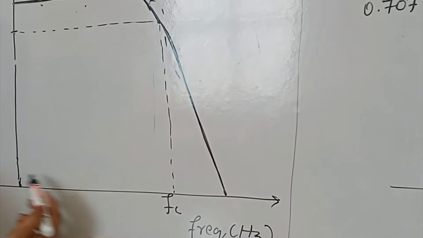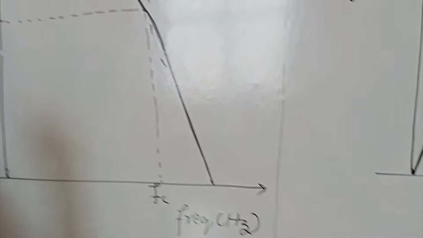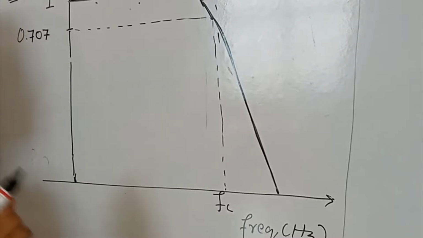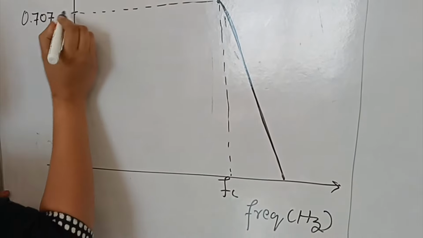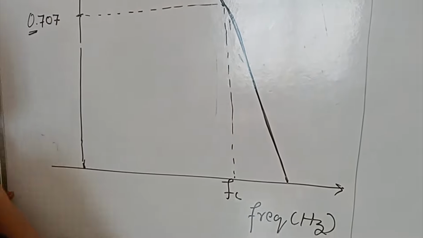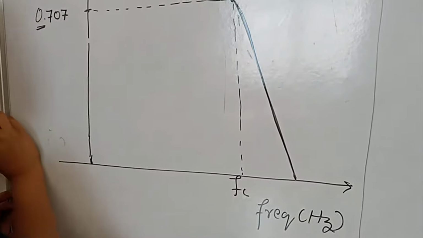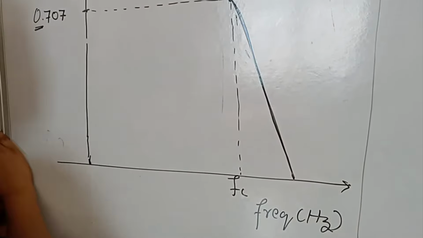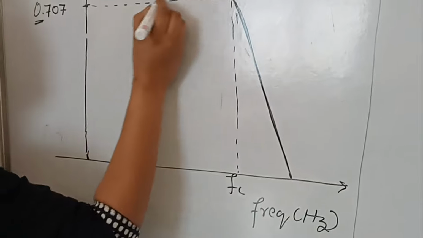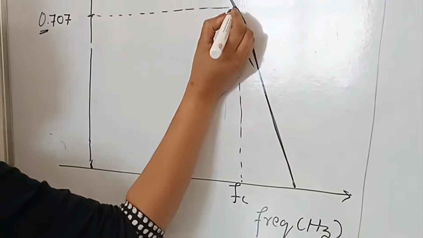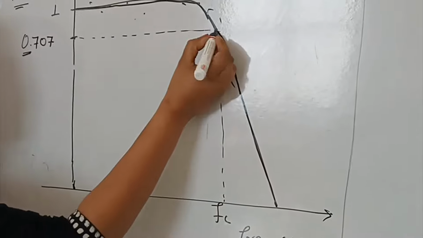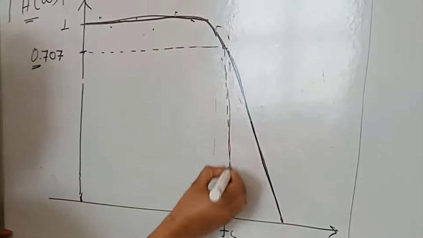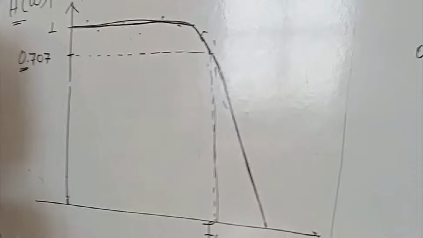You will get a graph like this, and to get the experimentally observed value of the cutoff frequency, I will just find the point at which the value of the transfer function magnitude is 0.707. Draw a horizontal line till it meets this graph, and then draw a vertical line which meets the x-axis.